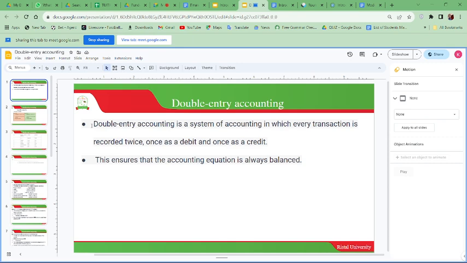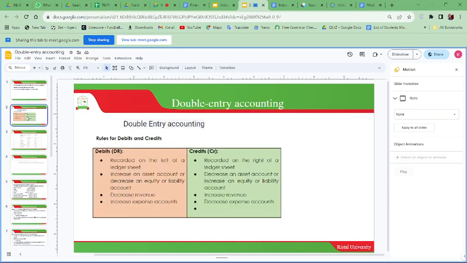So you record one as debit and one as credit. This ensures that the accounting equation is always balanced. Last time we looked at the accounting equation, how we can balance it. So here, in double entry accounting, we are supposed to ensure that the accounting equation is always balanced.